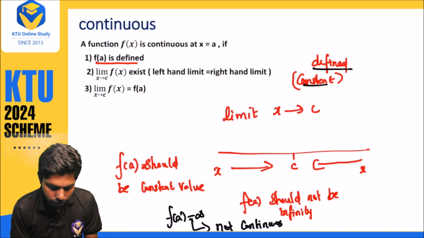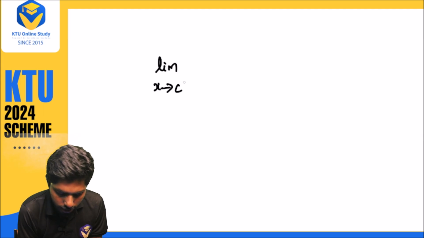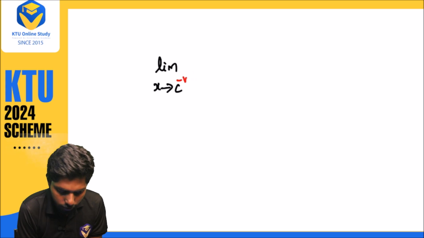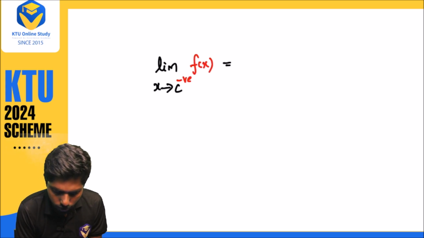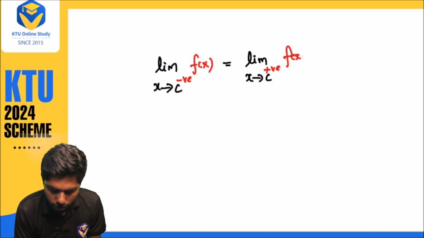What about the second condition? The second condition is about the limit as x approaches c from the negative side of f of x, which is equal to the limit as x approaches c from the positive side of f of x. So both are equal.